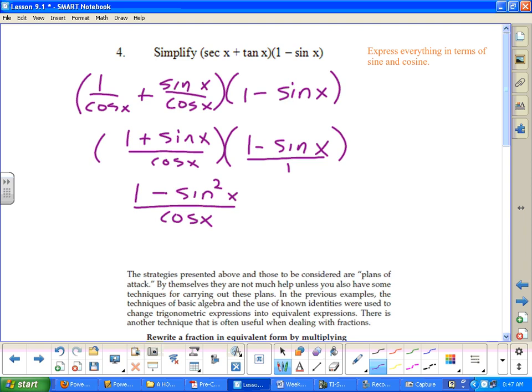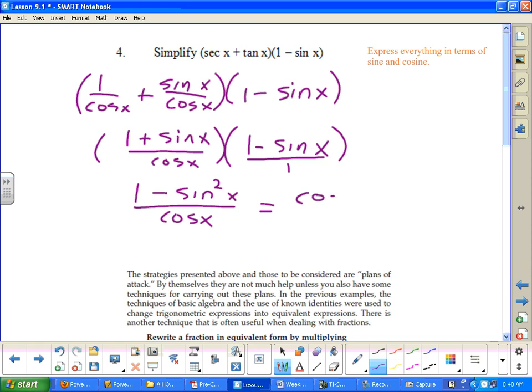Whenever I get something squared, I want to look for a Pythagorean identity. Is 1 minus sine squared of x, is that an identity? Okay, 1 minus sine squared is cosine squared.